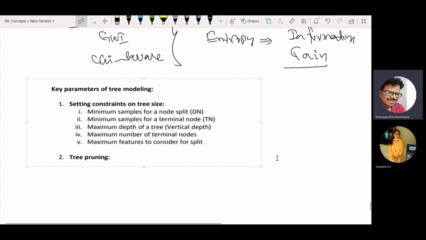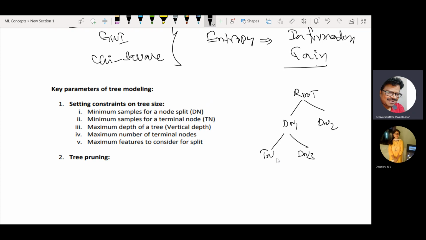As I said, in a tree we have a root node, and thereafter decision node 1 and decision node 2. Again, we have a terminal node, and sometimes some other decision nodes, like decision node 4, and here I may take terminal node 2.